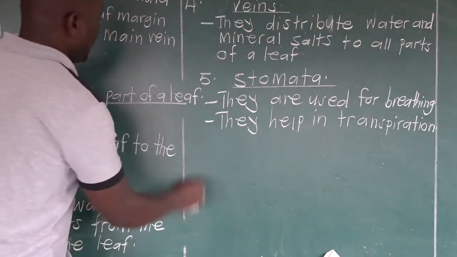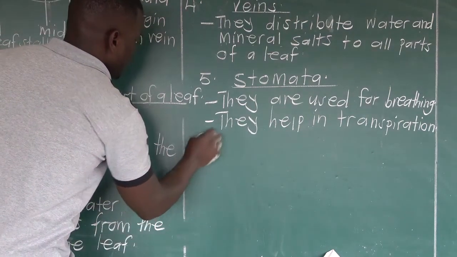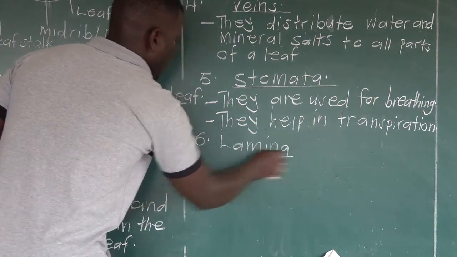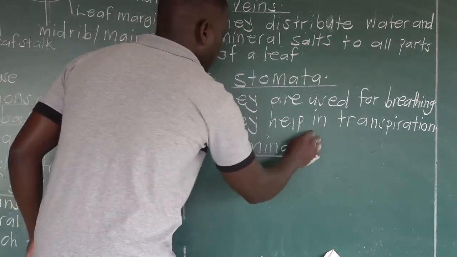Next we have lamina. Number 6 we have lamina. This lamina is also known as leaf blade.